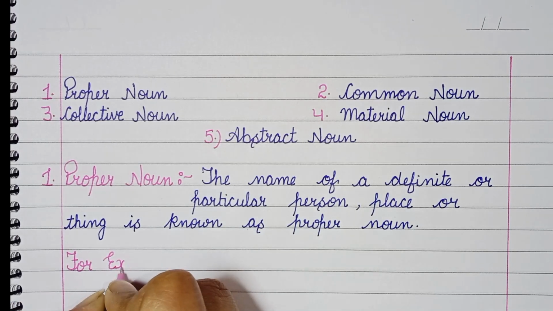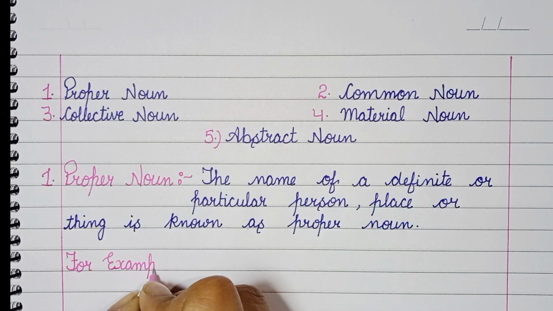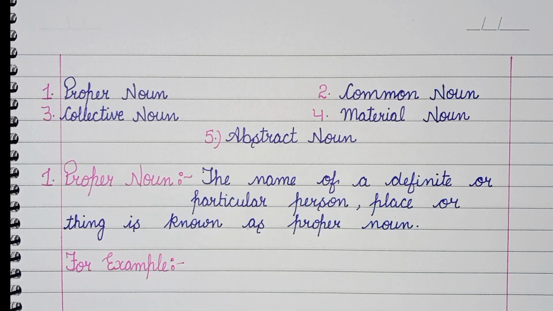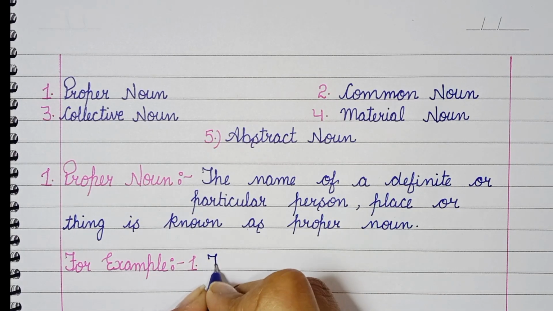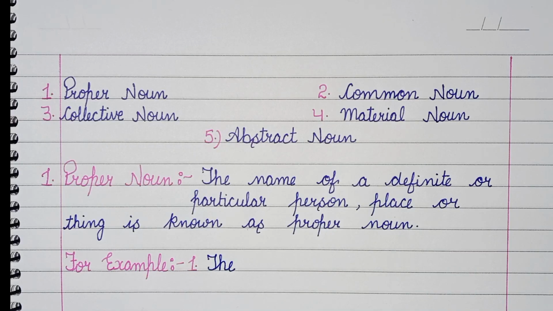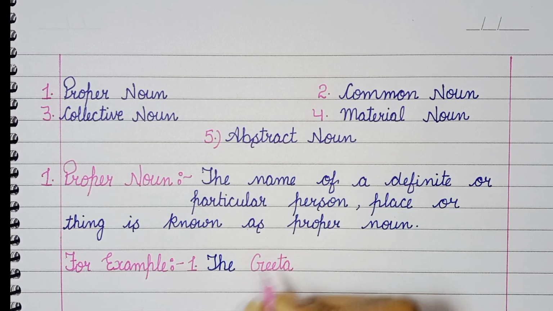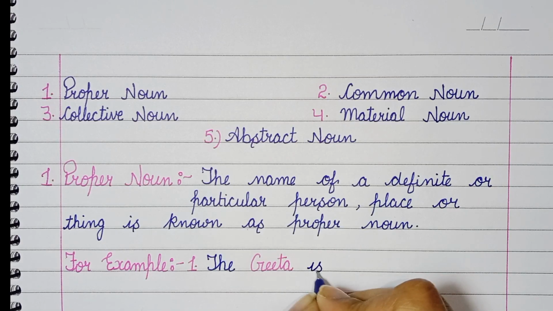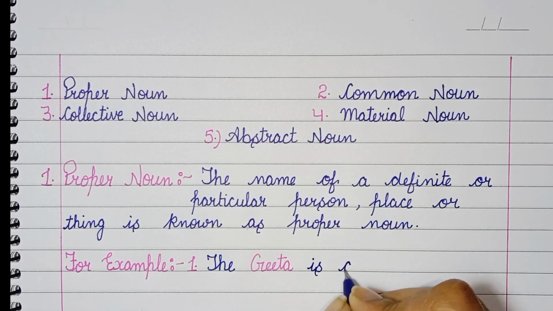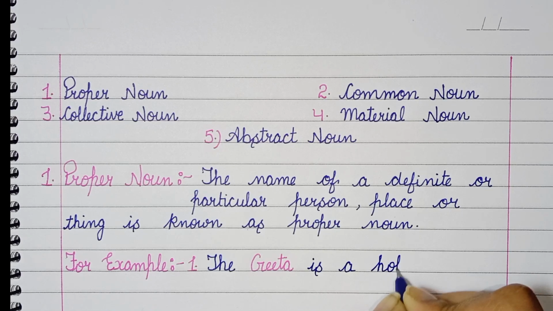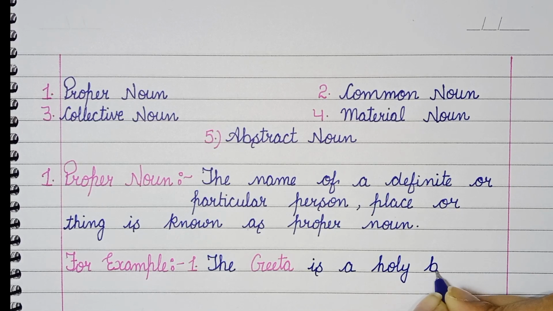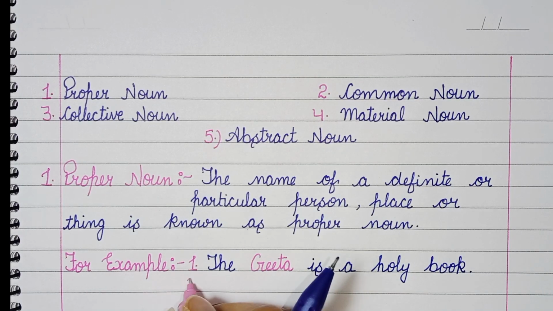For example, first one is the Gita is a holy book. Gita. Gita is a proper noun.